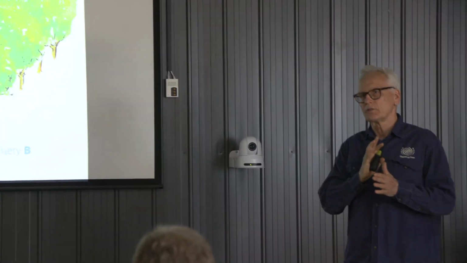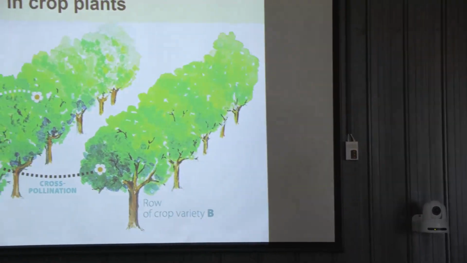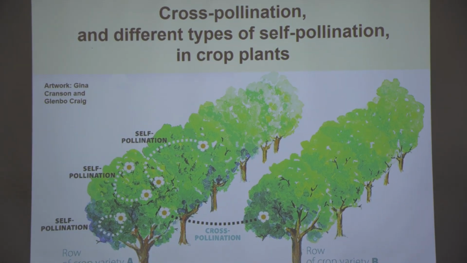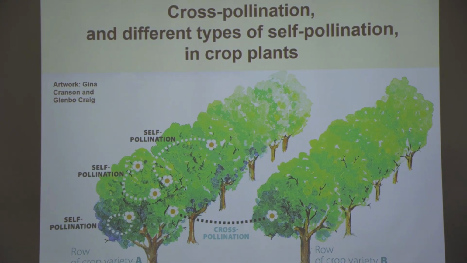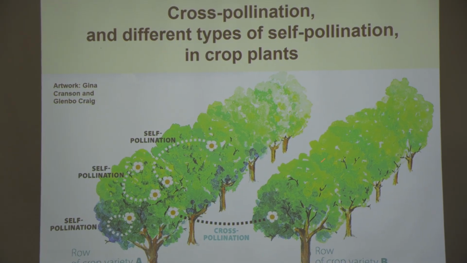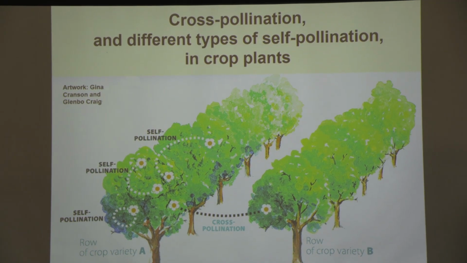All right, so I just want to make a point here about crop pollination, and we just mentioned it before, that many of our crops are genetically very uniform. They're varieties, they've been selected, and they are propagated vegetatively to ensure that we get exactly the same genetics from one generation to the next. It's represented here by these rows of trees in a field.